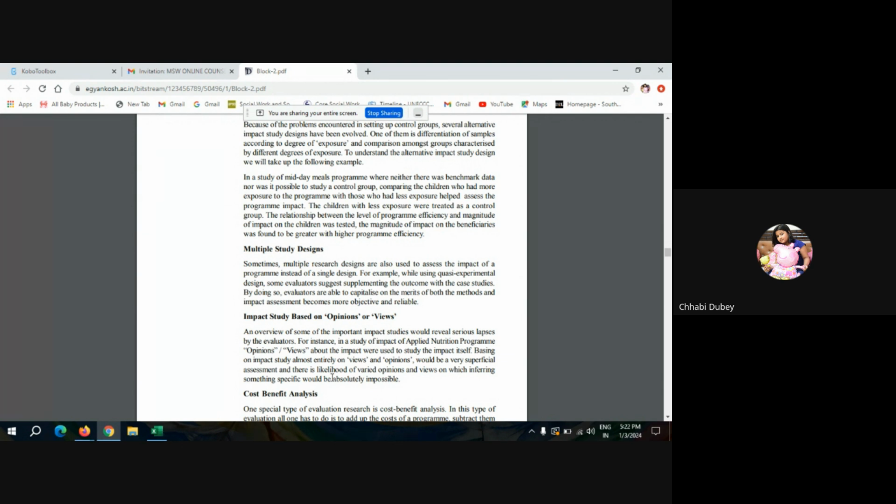Next is the impact study based on opinions or views. An overview of the important impact studies would reveal serious lapses by the evaluators.